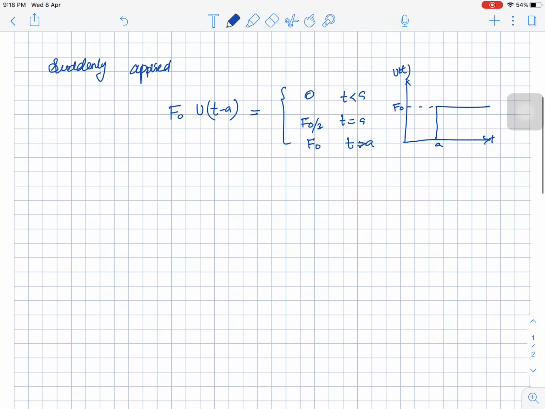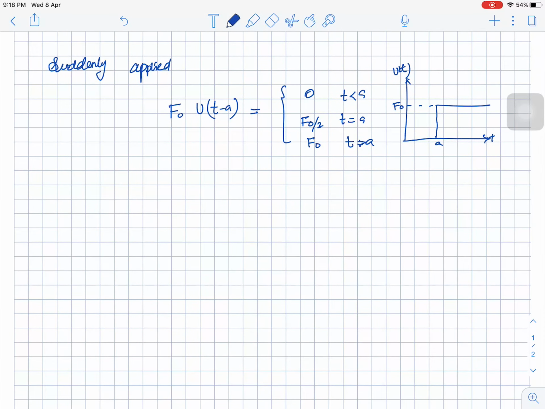So now we use this in terms of vibrations. For that we have the governing equation with the forcing f naught u of t minus a, with boundary conditions. Now we need to solve this.